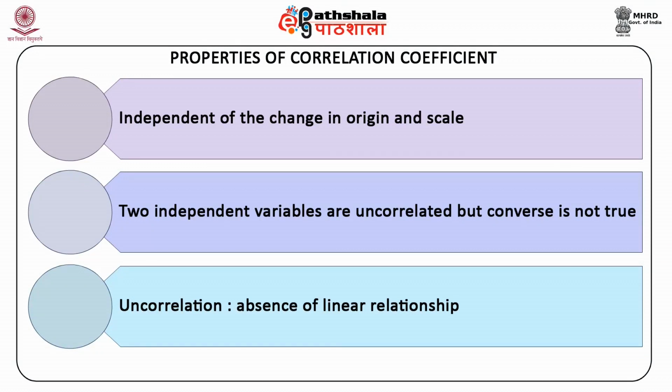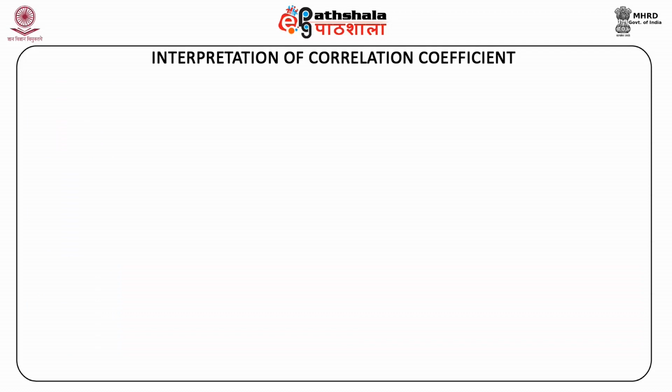Rxy is equal to 0, that is, uncorrelation between the variables x and y, simply implies the absence of any linear relationship between them. They may, however, be related in some other form other than the straight line, for example quadratic, logarithmic, or trigonometric form.